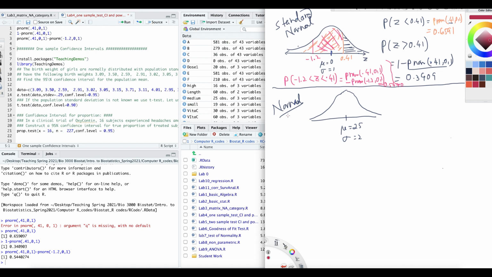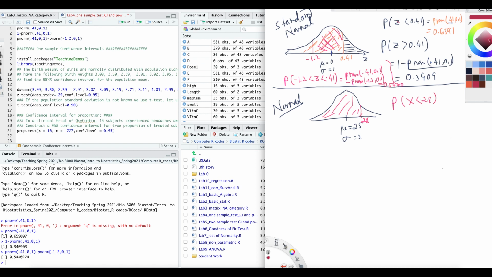Now if you have just a normal, that means the mean and standard deviation are not 0 and 1, you can still do that. But what you do is use pnorm to find the area left of certain values of x. Let's say x equals 28.